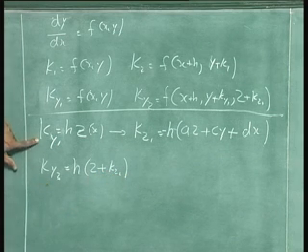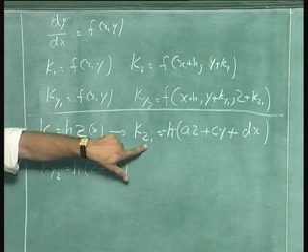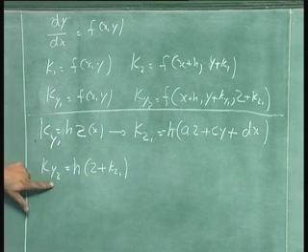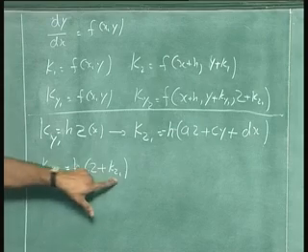So we can do ky1 and then kz1, but before we do ky2 we have to do kz1 because we need kz1 there.